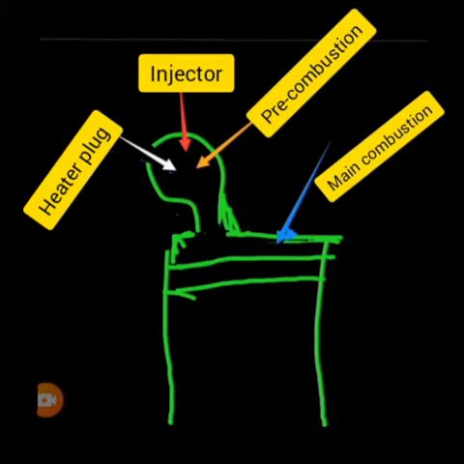So there is a pre-combustion chamber before your main chamber, and you can see a glow plug, or some call it a heater plug. Most indirect injection engines, or pre-combustion engines, have a glow plug. The glow plug heats the air up to help the combustion take place quickly.